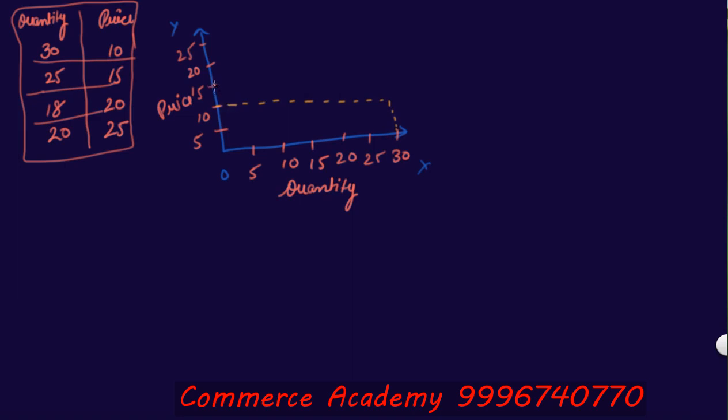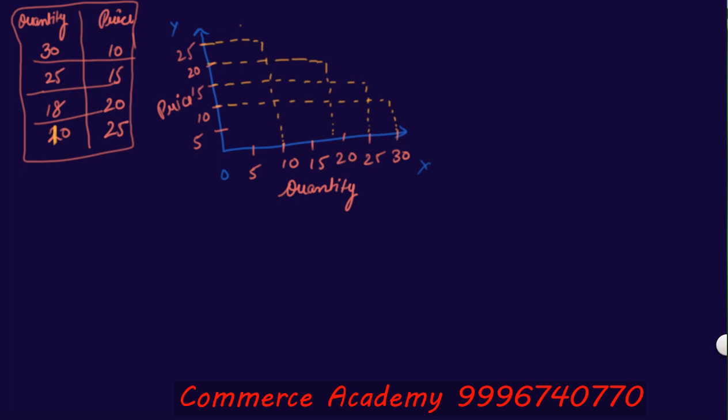At price 15, the quantity demanded is 25. At price 20, the quantity demanded is 18. Somewhere here. At price 25, the quantity demanded is, sorry, this is 10. The quantity demanded is 10.